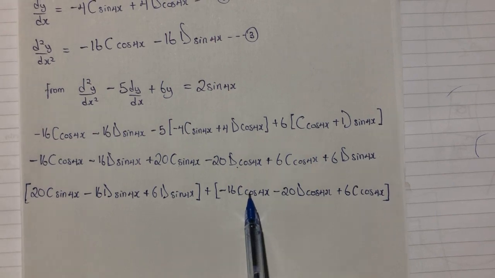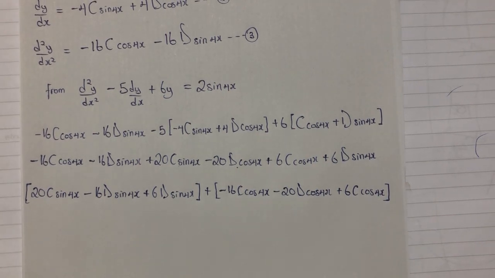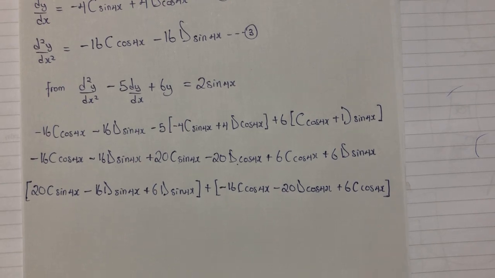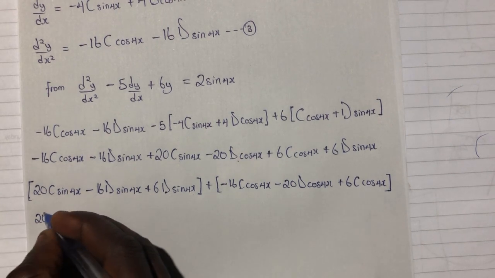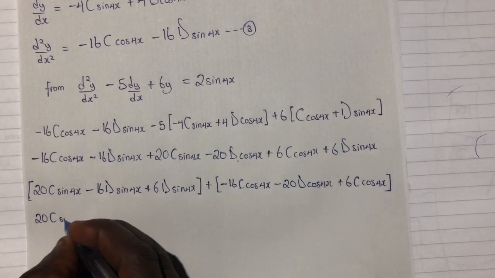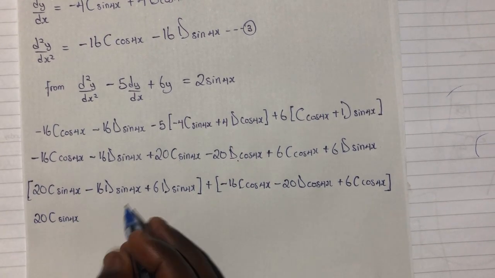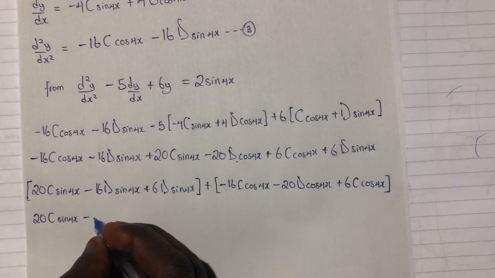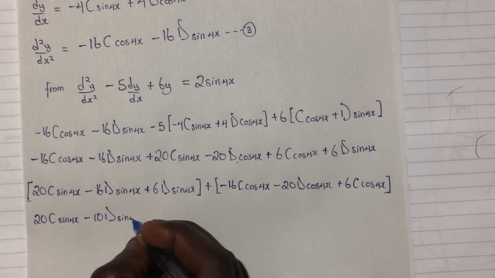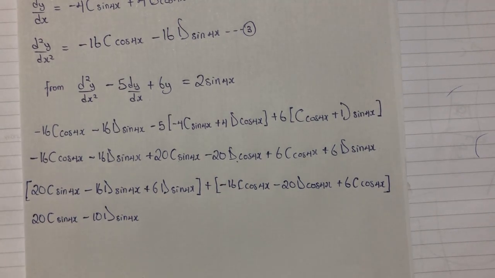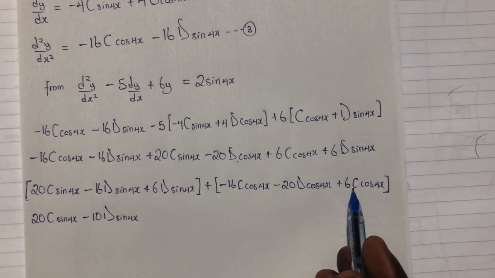Minus 10c cos 4x. So let's do that. So now we have 20c sine 4x. When we add this, we are getting minus 10d sine 4x, and then we can work on this one.